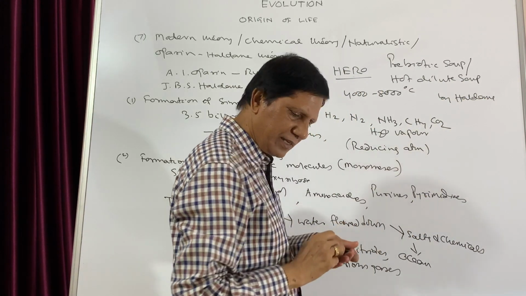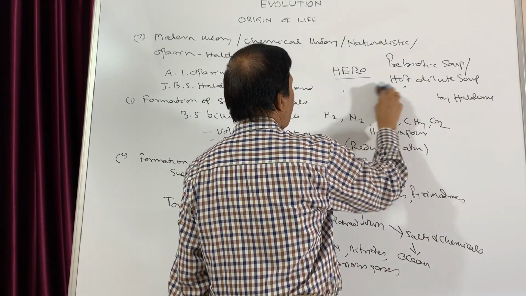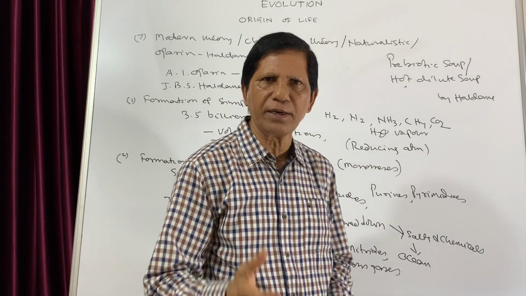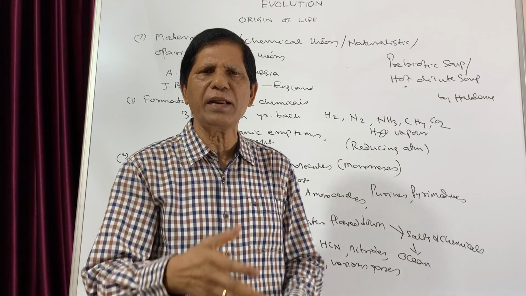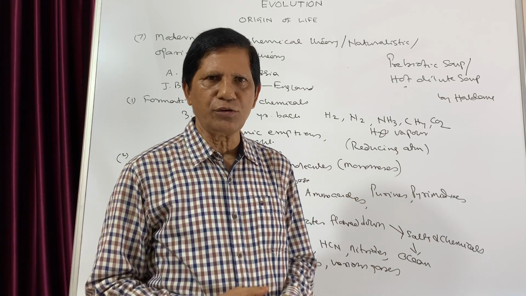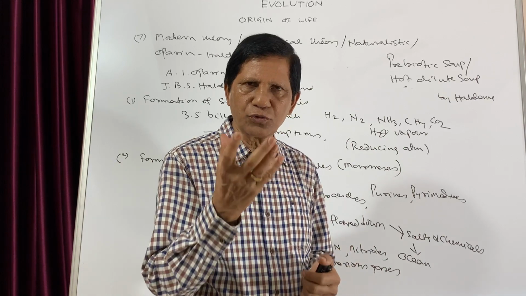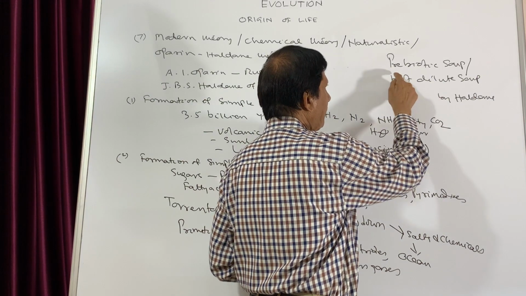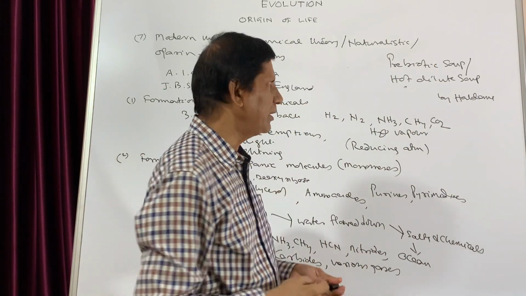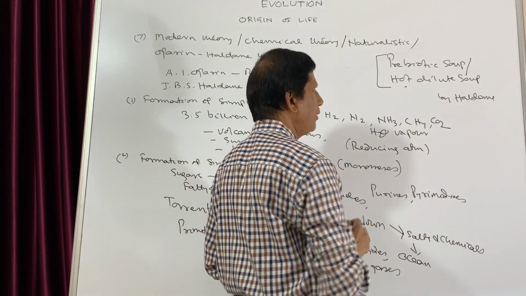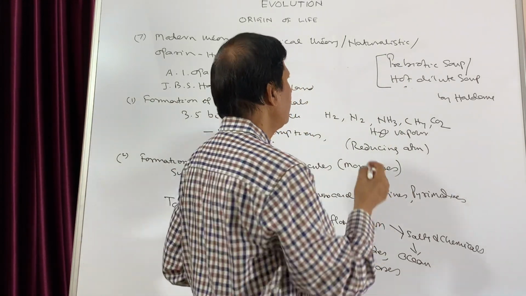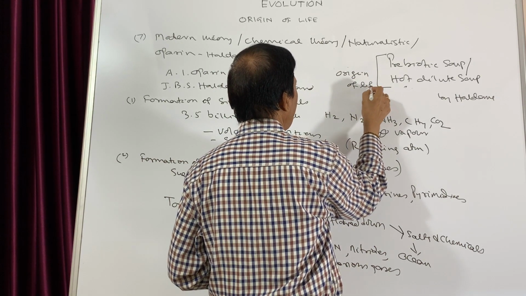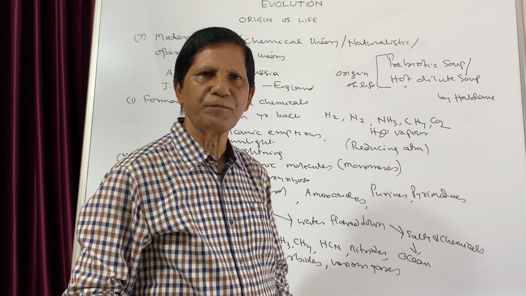As you take tomato soup or chicken soup or any other soup, hot and sour soup, it is just a hot soup full of chemicals. Now from this name you guess, prebiotic soup. That means this hot dilute soup or prebiotic soup is the starting point of origin of life, according to Haldane.